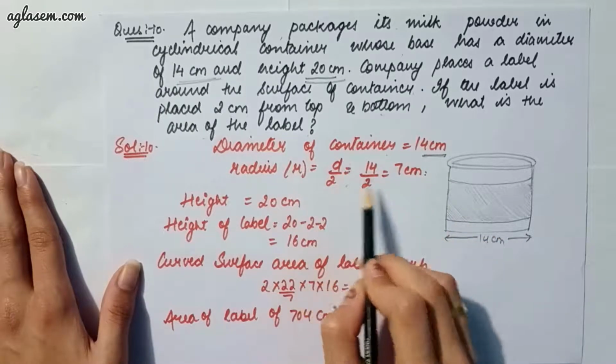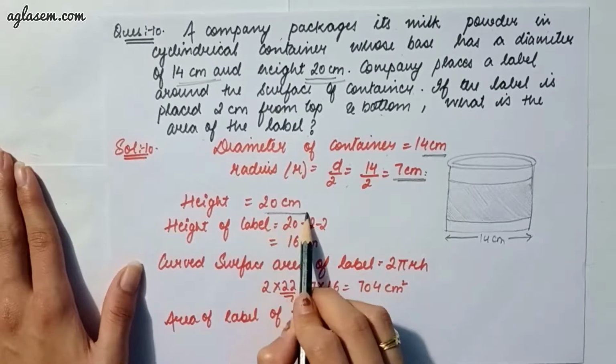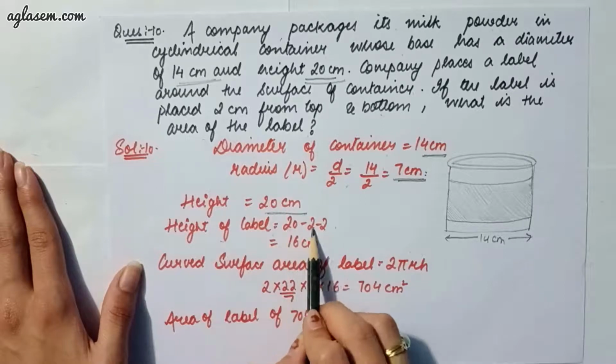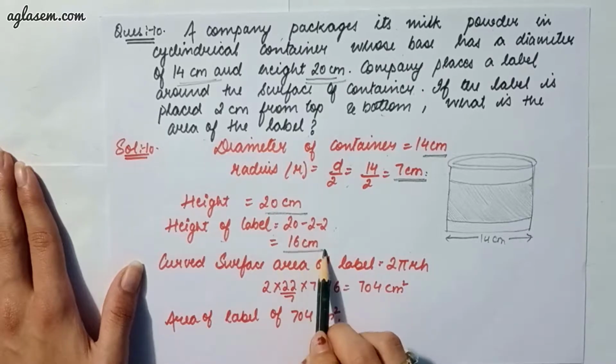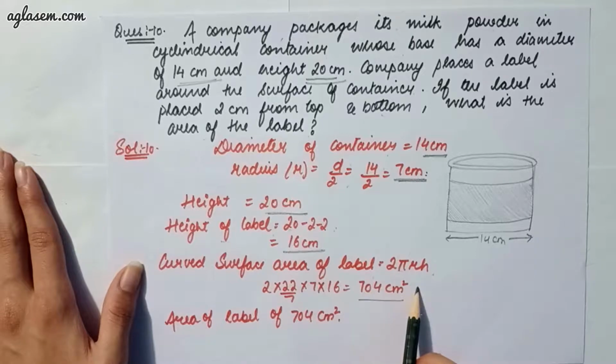Radius d by 2, that is 14 by 2, which is 7 centimeter. Height is also given to us, that is 20 centimeter. So the height of the label we can find, that is 20 minus 2 minus 2, which will give you 16 centimeter. The curved surface area of the label is 2 pi r h. By applying this, we can have 704 centimeter square. So the area of the label is 704 centimeter square.